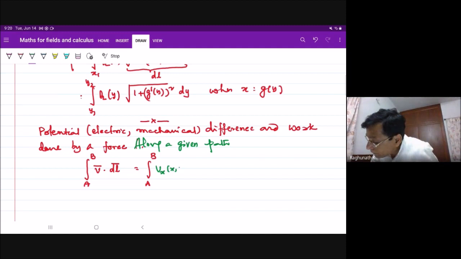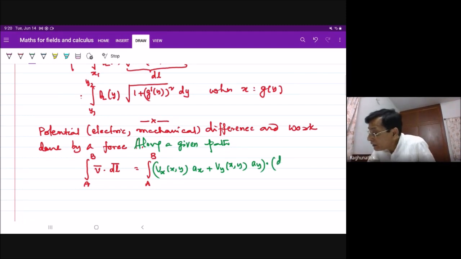Vx of xy, in the plane I'm just talking about, it can be xyz also. Vx of xy ax plus Vy of xy, some other function, ay, dot dl bar is what? dx ax plus dy ay.